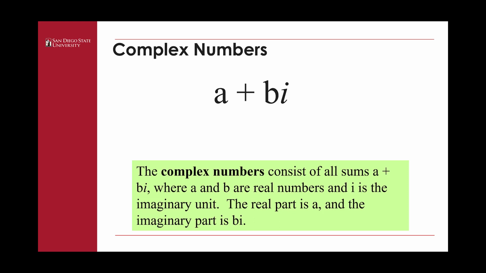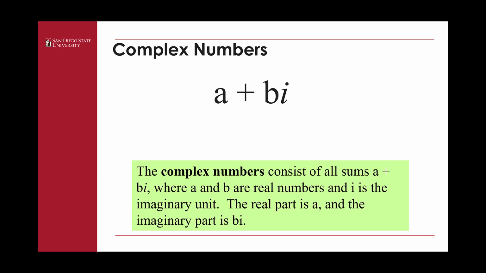So 5I, for example, fits in this form as well, because if we take the example of 5I, it could be written as 0 plus 5i. So for the 5i case, a is 0 and b is 5. And we have the I at the end. And it's the same for all numbers.